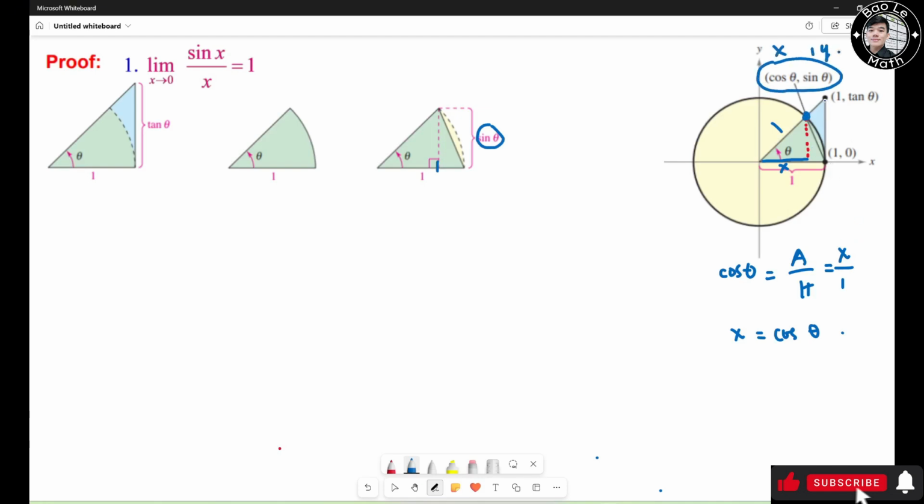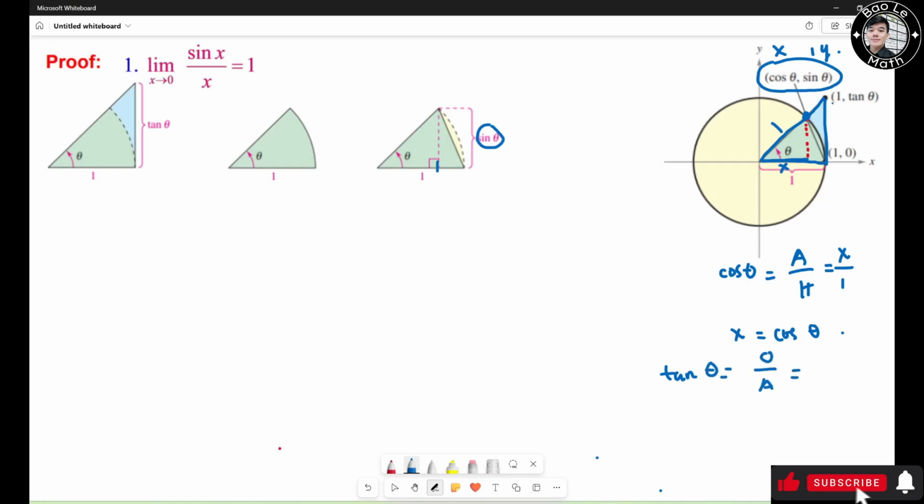Now I'm going to create the right triangle right here. I apply the trigonometric ratio in this triangle again. So I have tangent theta equals opposite over adjacent.